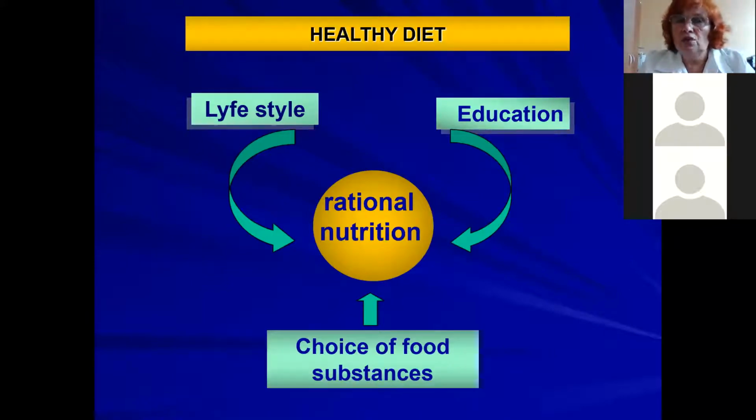Healthy diet. What is rational nutrition? Rational nutrition consists of lifestyle, education, and choice of food substances. So this is rational nutrition for a healthy diet.